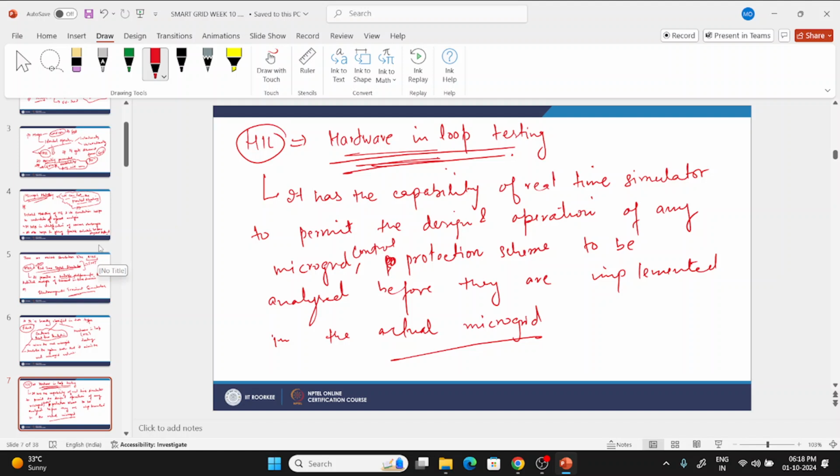Okay, so this is all about the microgrid modeling.